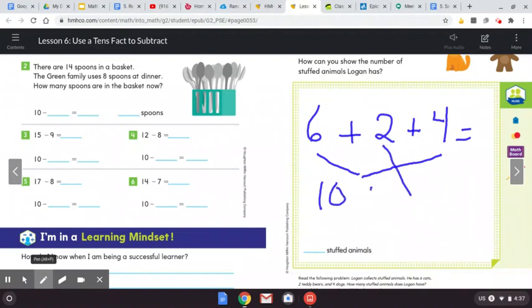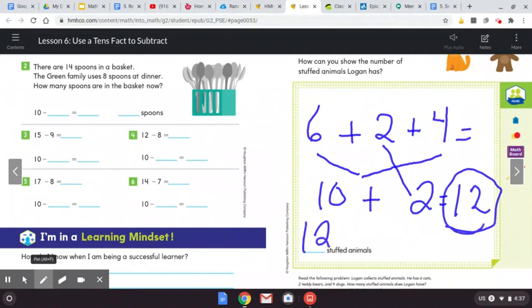Bring down the 2, and now what do you have? Hopefully you've already solved it to say 12. 12 stuffed animals. I know I did that one pretty quickly for you, but we're working on how you can add 3 add-ins, and then you can find tens.